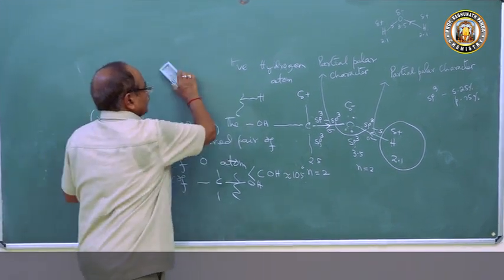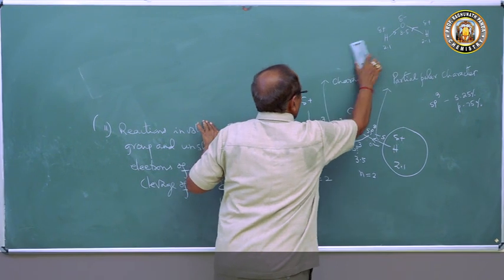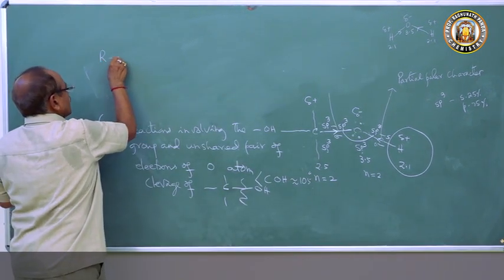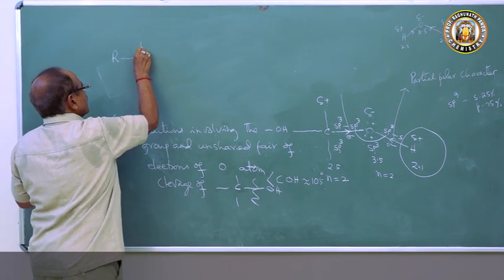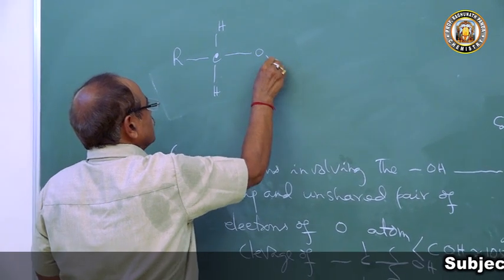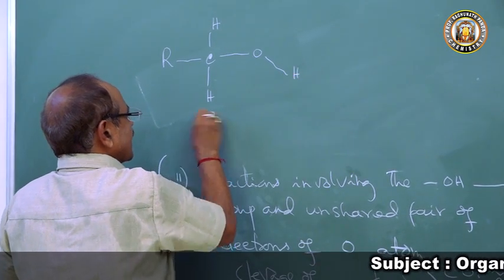If we look at this primary alcohol, we have one alkyl group, a carbon atom, two hydrogen atoms here and the OH group. This is a 1 degree alcohol.